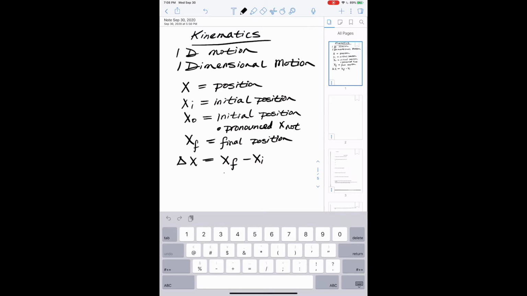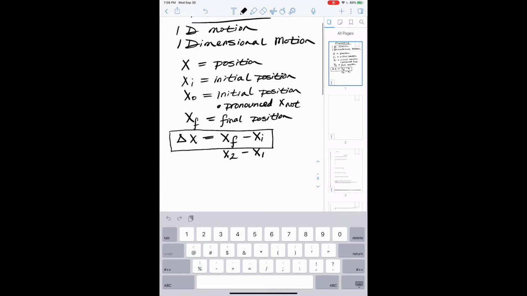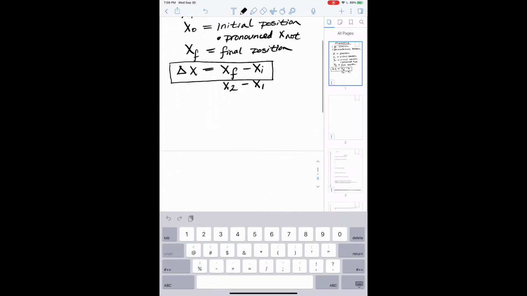You could also say it as x2 minus x1, which shows up in math class. Physics is more of an application class, so we are applying the math here, so we like to be a little more descriptive than just 2 and 1 a lot of times, and so we like to use xf minus xi. So that's one of our important formulas, because delta x is equal to displacement, this change in position.